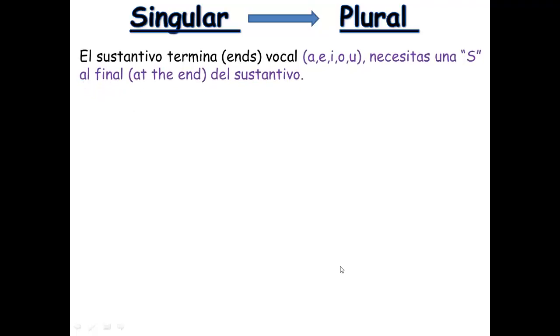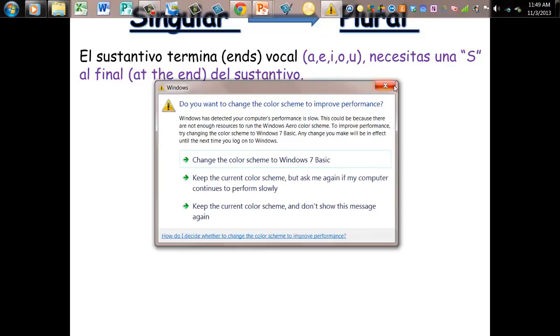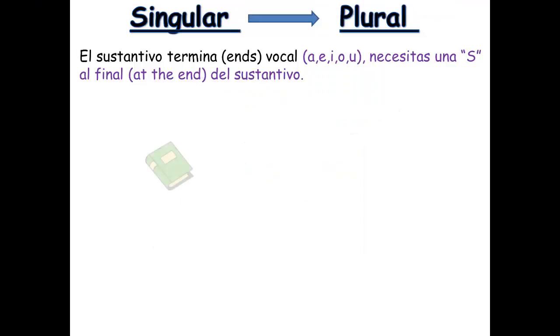Okay, so how to go from singular to plural. You have to understand that when the noun ends in a vowel, a, e, i, o, or u, you need to add an s at the end of the noun. So that's just as similar as it is in English.